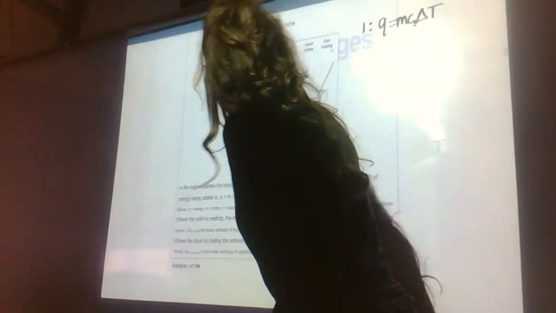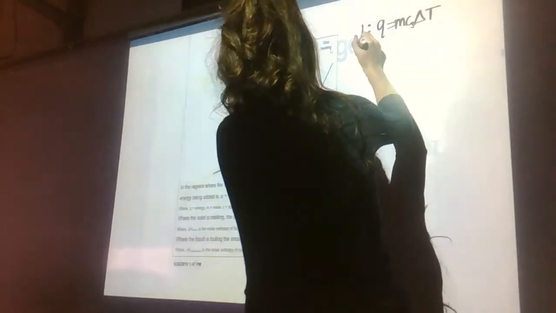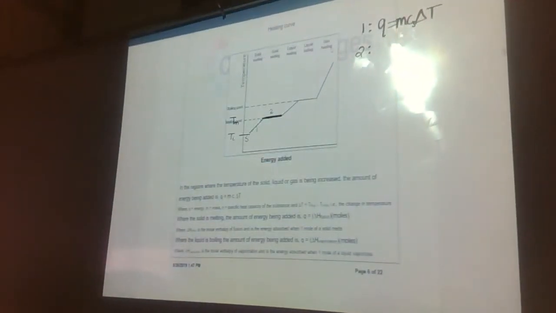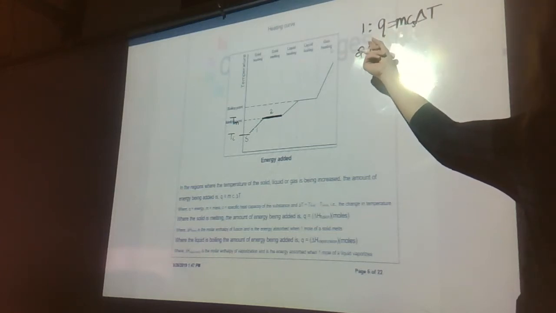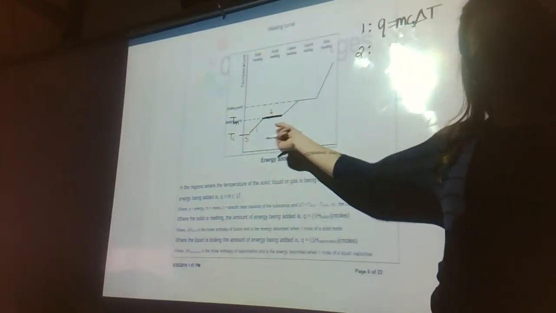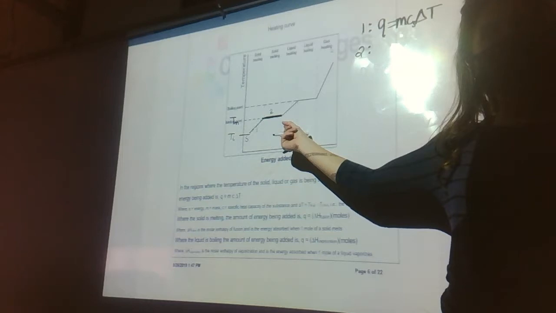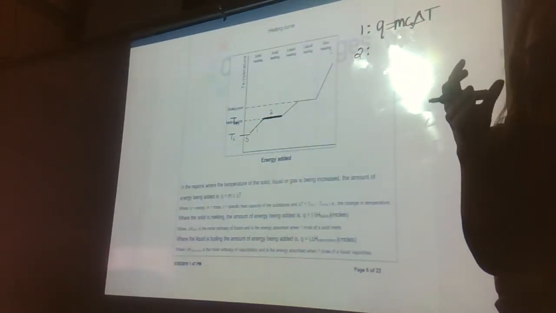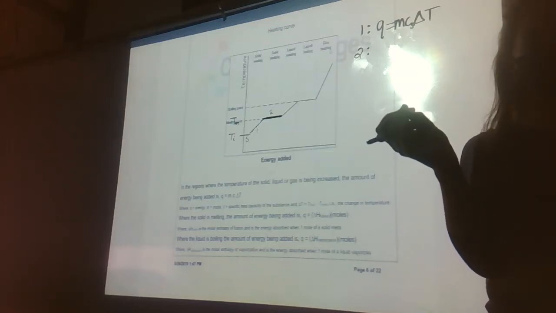Section 2 of the graph, I can't use Q equals mc delta T. If I plug in a 0 temperature change here, I'll wind up with 0 energy. But it's obvious from the graph that energy was being added. That's because all of the energy being added is not going into changing the temperature.